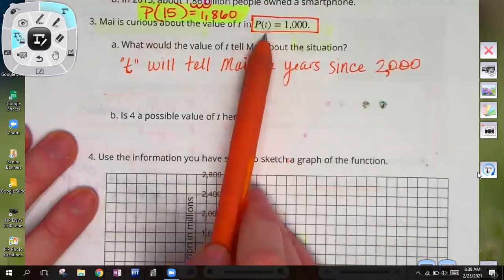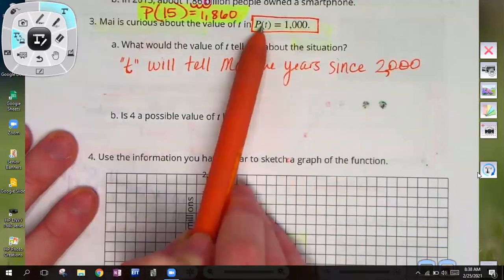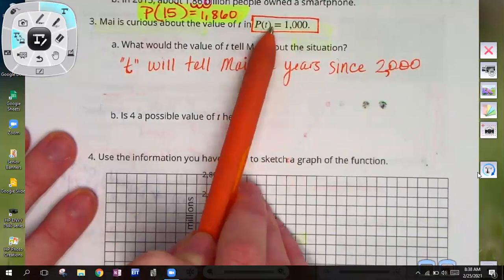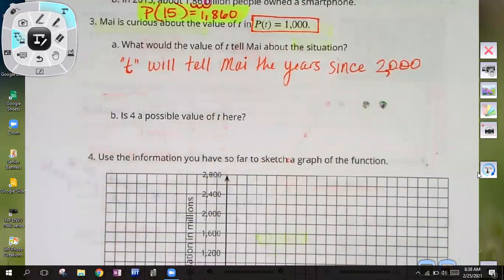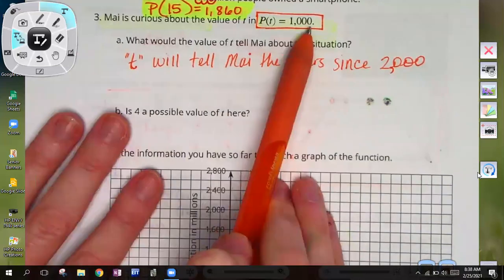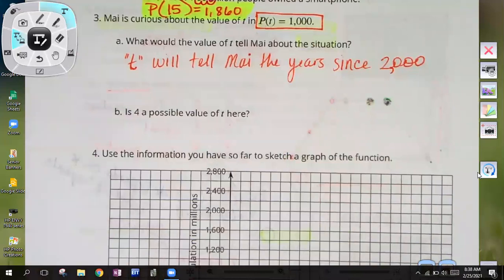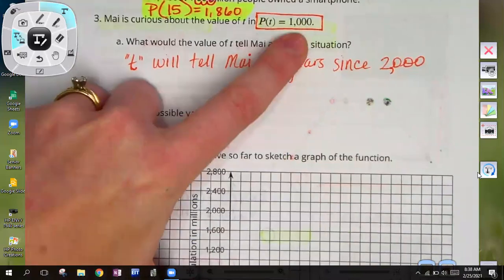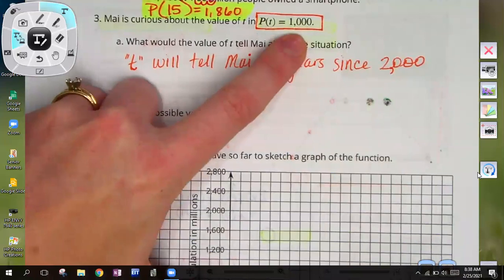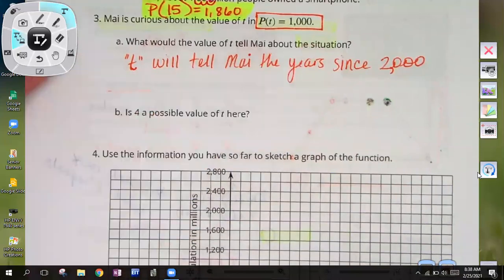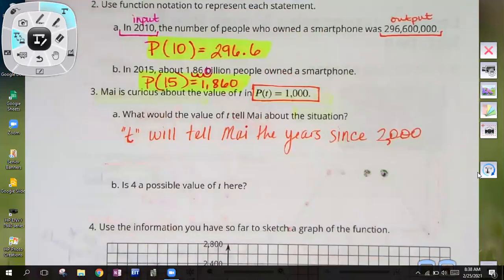What would 4 mean in this function notation? 4 years after 2000, so it'd be 2004. So what this function notation would say is that in 2004, there were 1,000 million phones, or 1 billion phones. Now thinking back to our other function notations, does that line up?